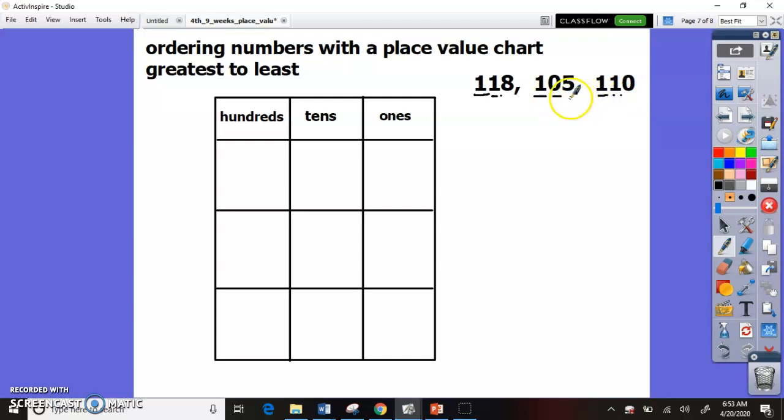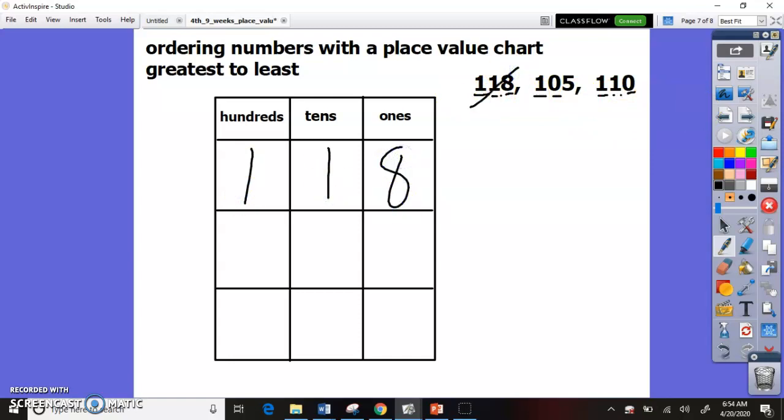That's going to tell me that 105 is less than both of these numbers. So to figure out which one's the greatest, I need to look at the ones place. 118 has an 8 in the ones place, and 110 has a 0 in the ones place. So that means that 118 is my biggest number.